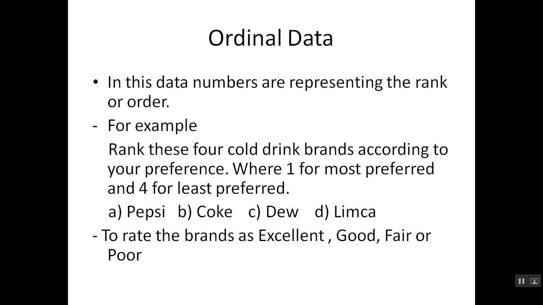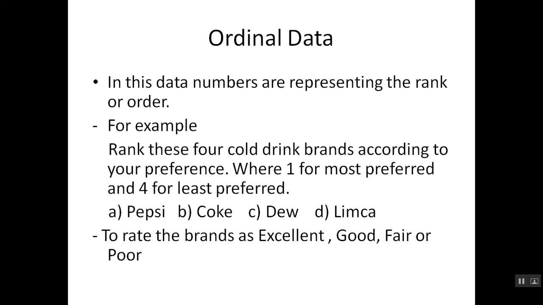Now here the difference between Pepsi and the other 3 brands is very huge according to his preference, but between Coke, Dew and Limca, there is not much difference according to his preference.